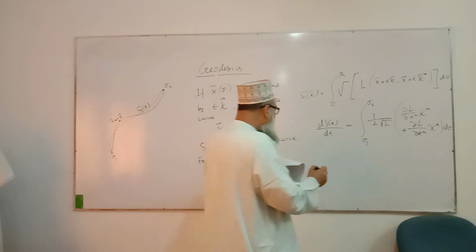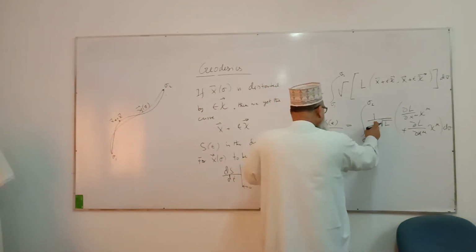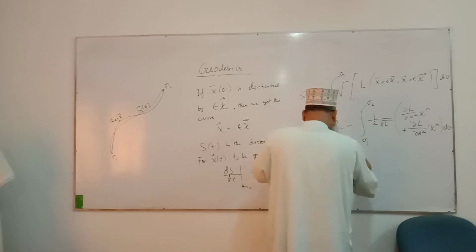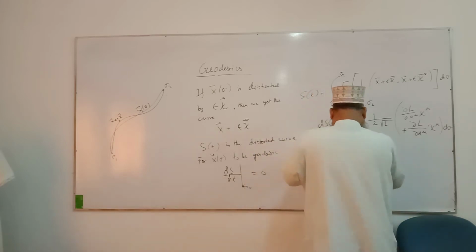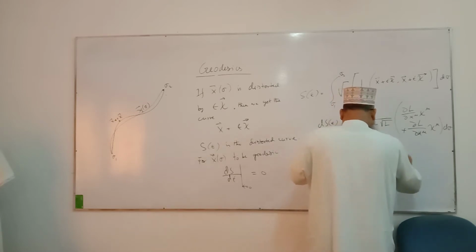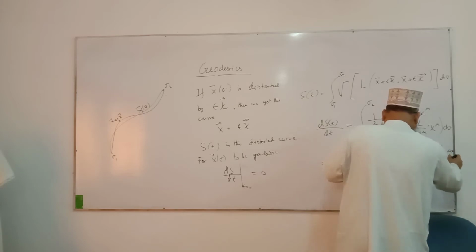Now this can be written as half integration from sigma 1 to sigma 2 of d sigma, minus d by d sigma of square root of L del L by del x dot mu, plus 1 by square root of L del L by del x mu, chi mu d sigma.